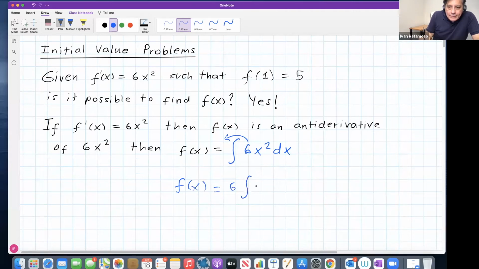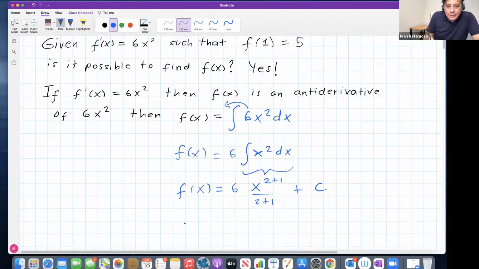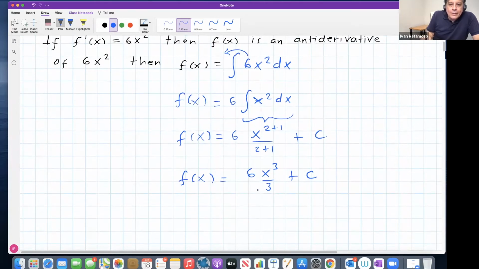This will be 6 times the antiderivative of x squared. Using the power rule, this antiderivative is going to be x raised to 2 plus 1, over 2 plus 1, plus a constant. So f of x equals 6 times x cubed over 3 plus a constant. 3 into 6 is just the number 2, okay?